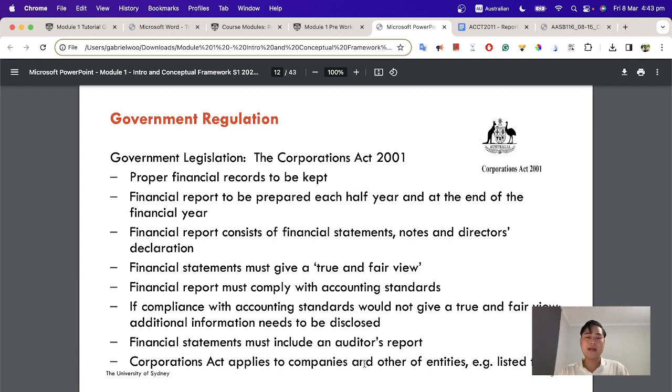One of the things they say within the Corporations Act 2001 is that financial reports should present a true and fair view of financial situations, of the goings-on and what is happening within the books. Within the Corporations Act 2001, there is another clause that says financial reports should follow Australian accounting standards.